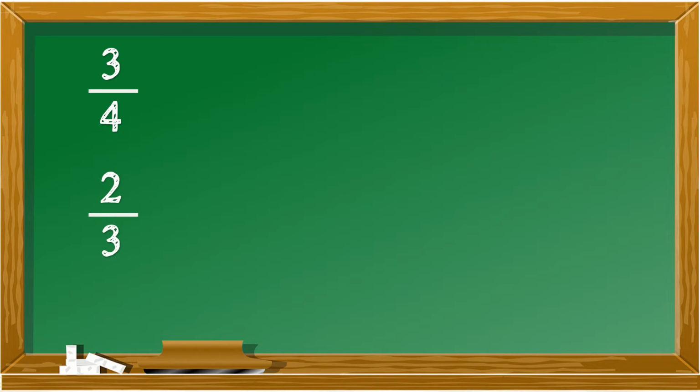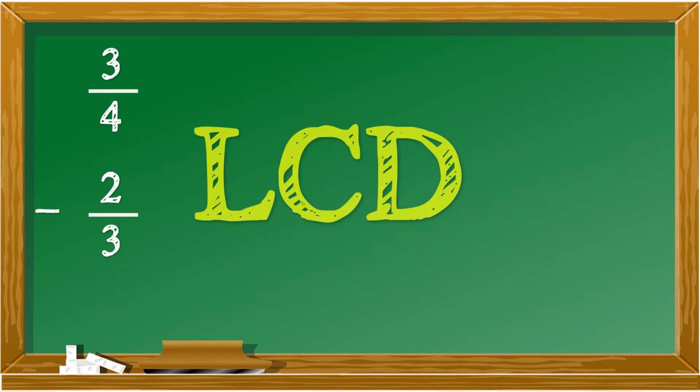3/4 minus 2/3. Again, they are dissimilar fractions because they don't have the same denominators. We need to convert them first into similar fractions before subtracting them. So we need to look for the LCD.